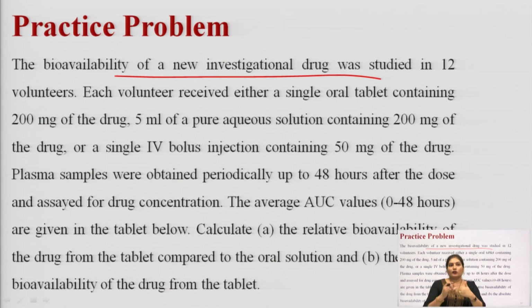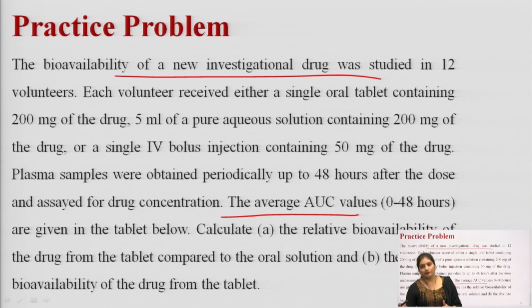Periodically, plasma samples were taken up to 48 hours and then assayed for the drug concentration. We have the values of AUC from 0 to 48 hours, and we have to calculate the relative bioavailability of the drug from the tablet compared to the oral solution.